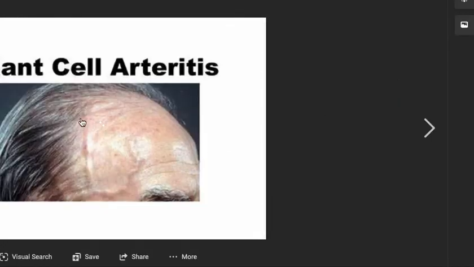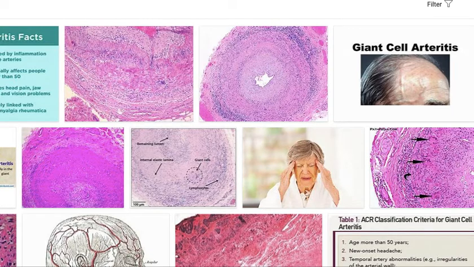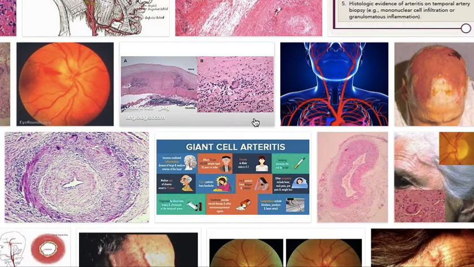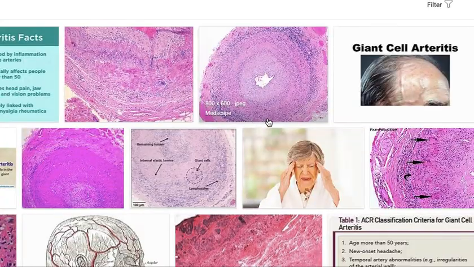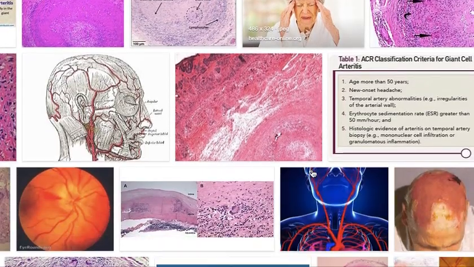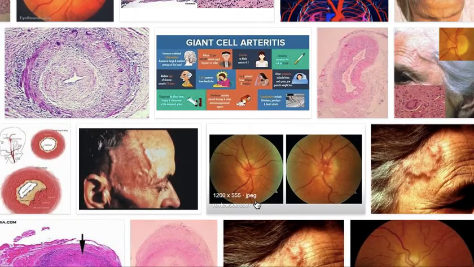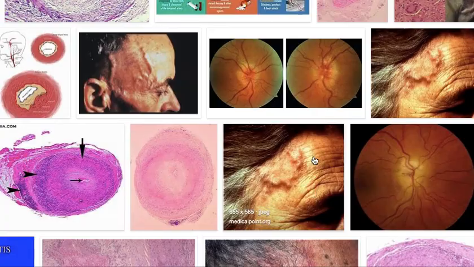here you can see the temporal artery is quite visible. And they are showing you a lot of biopsies. They are showing you someone who was having headache, and some retina photographs, and the temporal arteries.